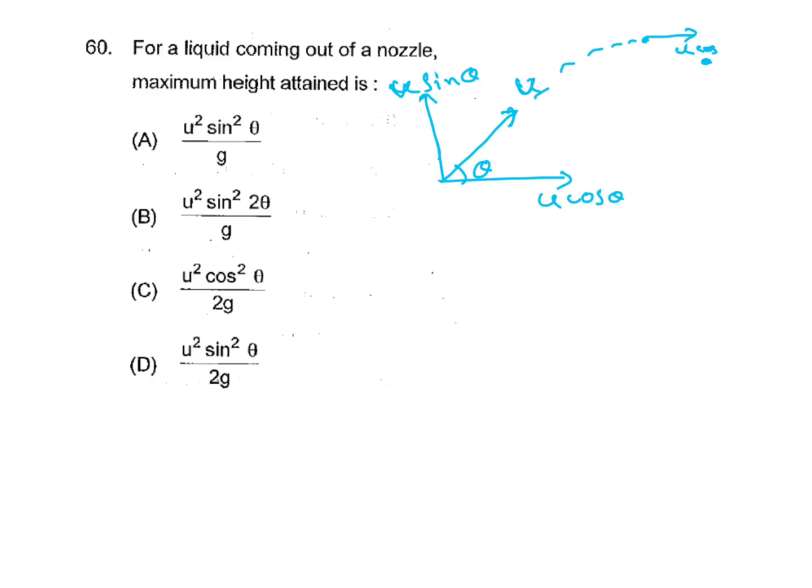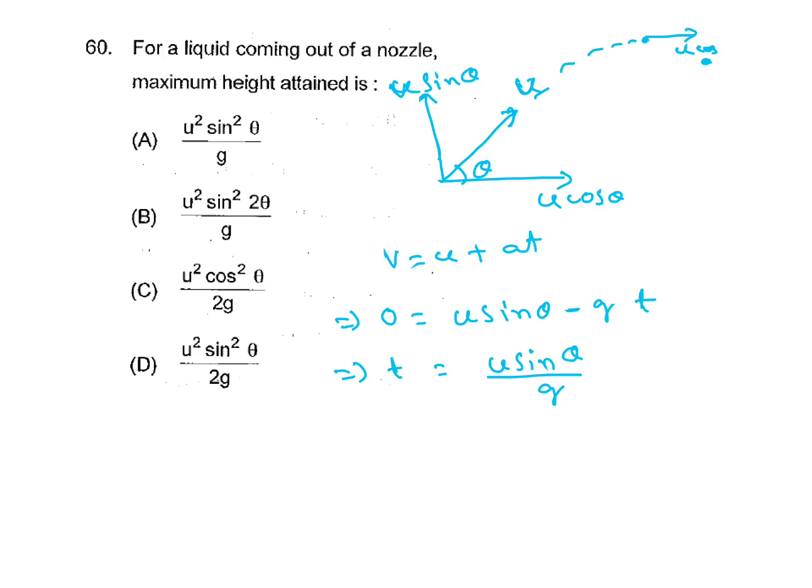In vertical direction, u sin theta is 0. So v equal to u plus at relation we will apply here. Final velocity in vertical direction is 0, initial is u sin theta, acceleration is minus g, into t. So from here t you will get u sin theta by g.